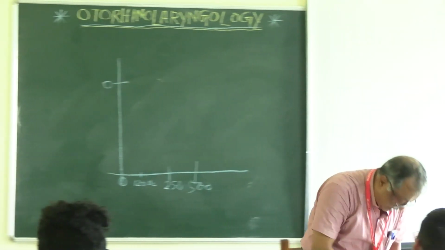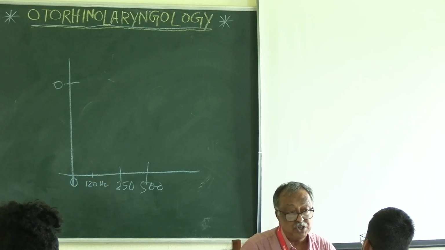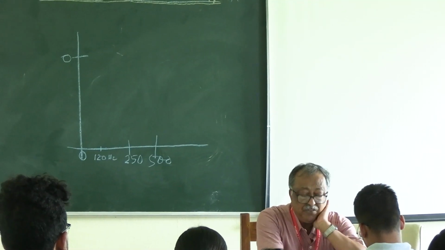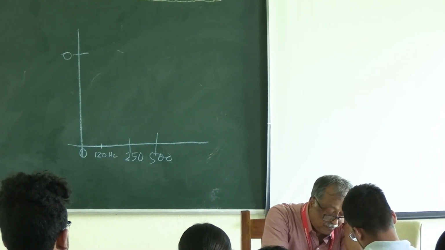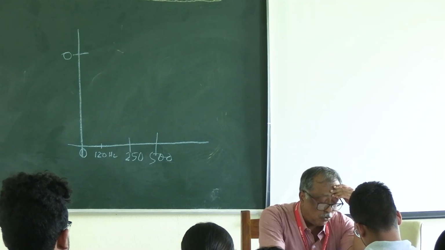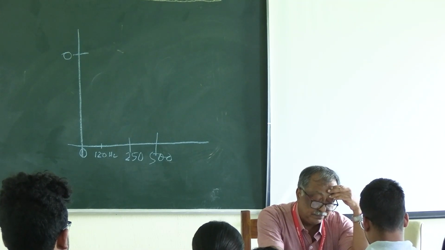The audiometric 0 is the mean value. Again, the definition is important for very short questions. Audiometric 0 is the mean value of the minimally audible intensity in a group of normally hearing healthy young adults.